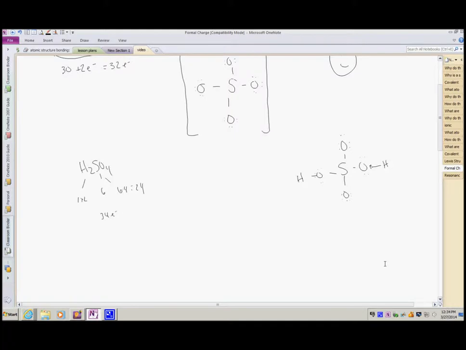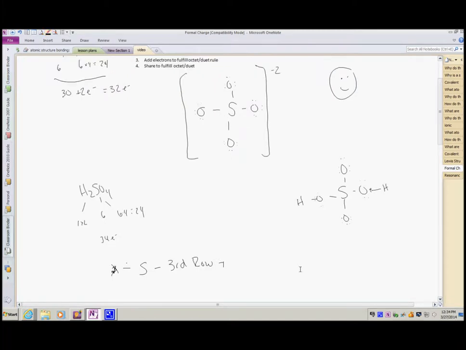So a couple of things I'll point out here. One, sulfur is in the 3rd row. That's important because now there are more options for sulfur, meaning sulfur can hold more than 8 electrons.